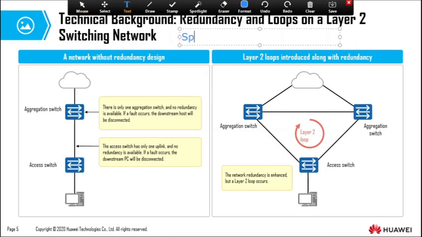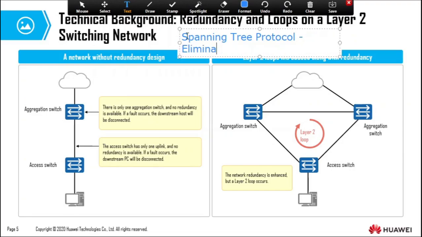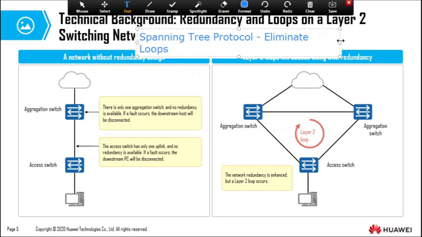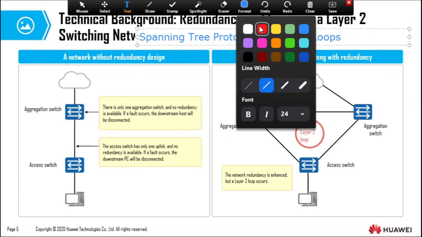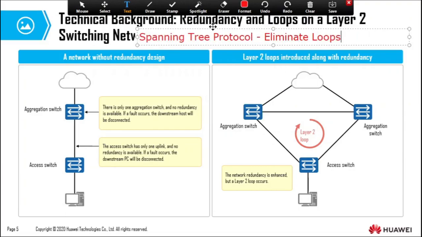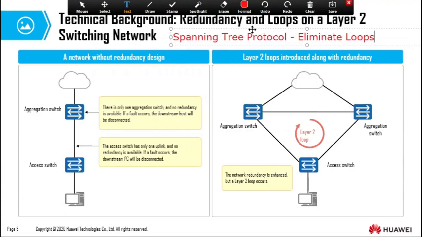STP in full is spanning tree protocol. Main function: to eliminate layer 2 loops. By the way, in networking, loops can be categorized as either layer 2 loops or layer 3 loops.